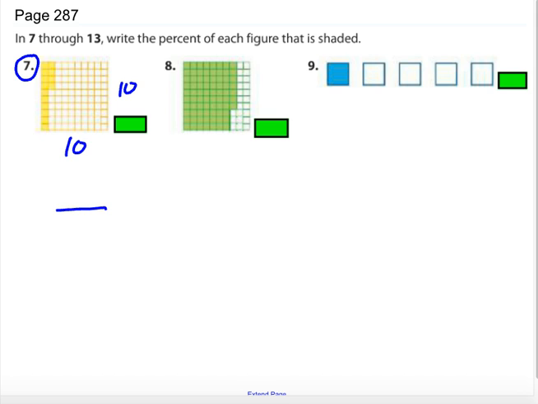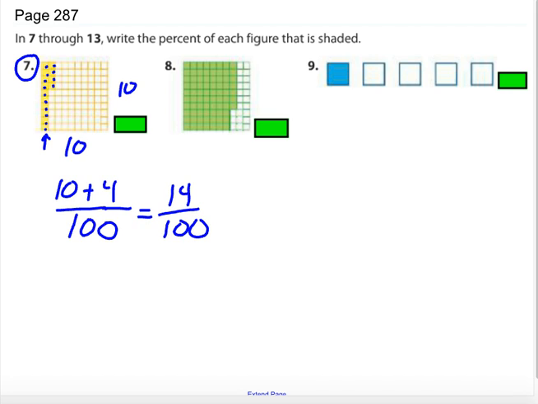So we have 100 squares, and we can see that we have one full row shaded, which means that out of there we have 10 little tiny squares, all right, which would be 10 plus the 1, 2, 3, 4, which would equal 14 out of 100. And again, we know that that would then be 14%. And our answer then would be 14%.